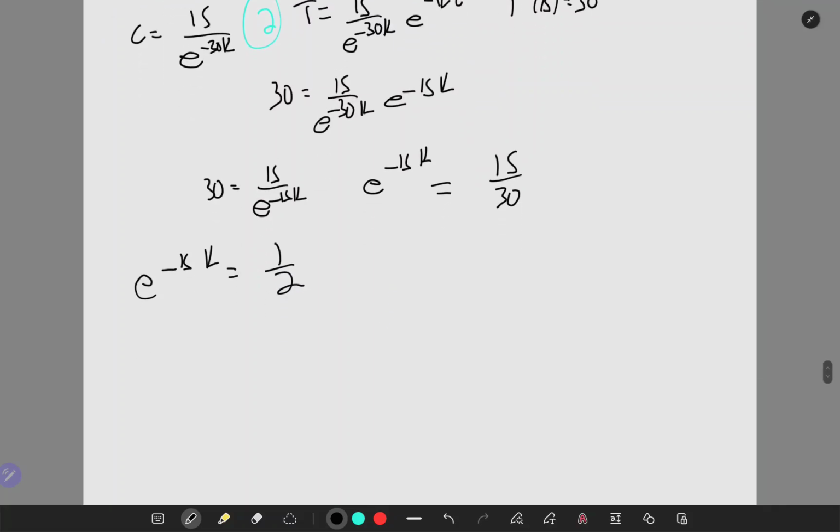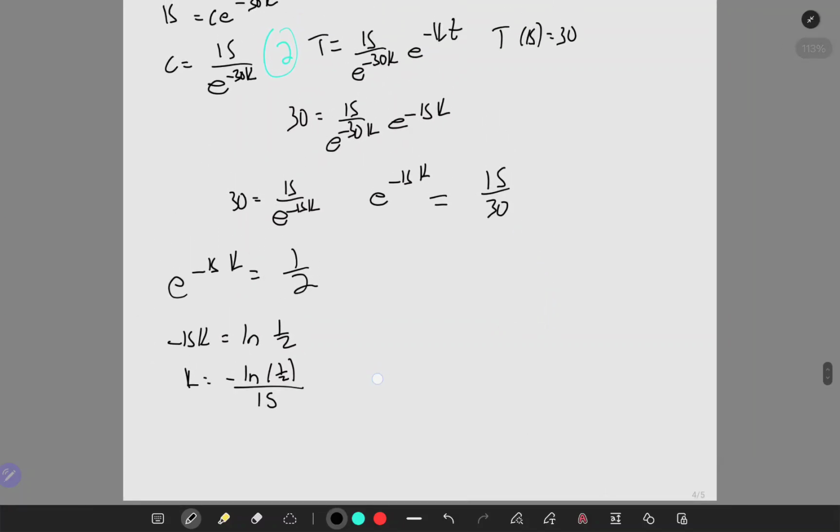So then take the natural log of both sides. Negative 15k is equal to the natural log of 1/2. I can keep it like that for now, actually. k is equal to negative the natural log of 1/2 over 15. So now we can plug k back in.